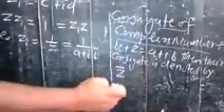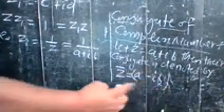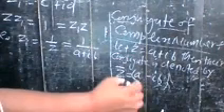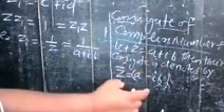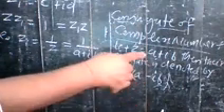The conjugate of any complex number can be denoted by z bar, and this value of z bar can be written as a minus ib. So a minus ib is the conjugate of a plus ib. What you do here is only change the sign in between the real part and imaginary part of the complex number. So if you have a plus ib, their conjugate z bar is a minus ib.